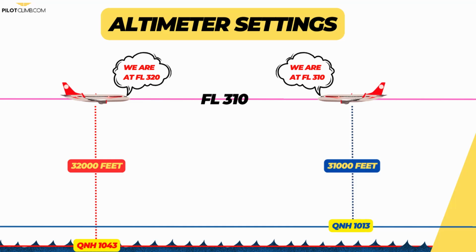Maybe both aircraft are flying at flight level 310, for example, but because the pilots are using a different QNH, the one that they set at the beginning, one pilot is reading maybe flight level 320 and the other is reading flight level 310. They think they are separated by 1000 feet, but in reality they are flying at the same flight level. Why? Because they have a different pressure reference set from the beginning.